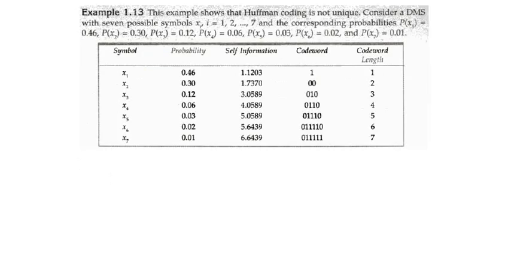So, note down this problem. Similarly, one more set of code words has been given along with probabilities, self informations, code words and code word lengths. By the use of these code words, lengths and probabilities, we should calculate.